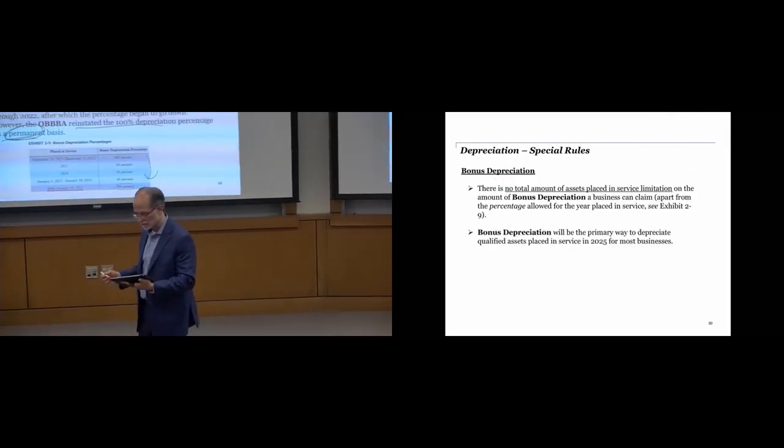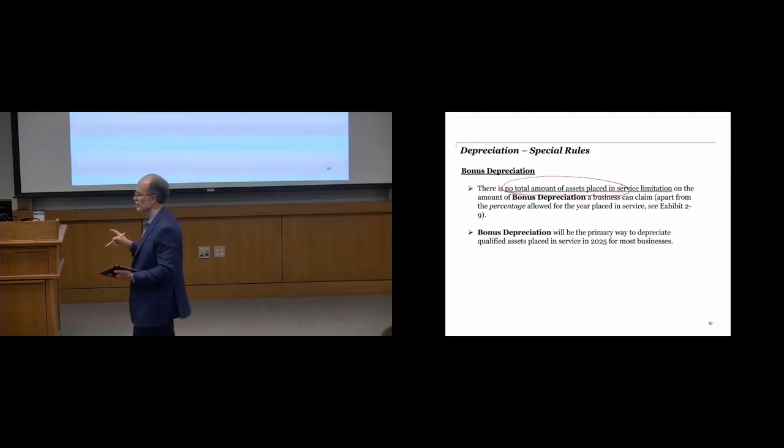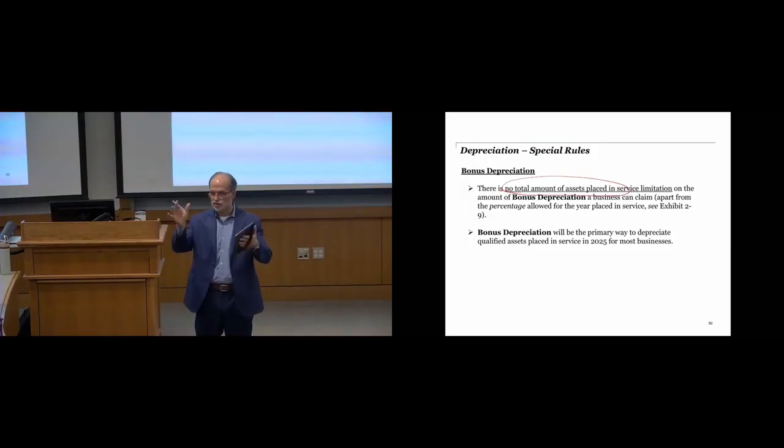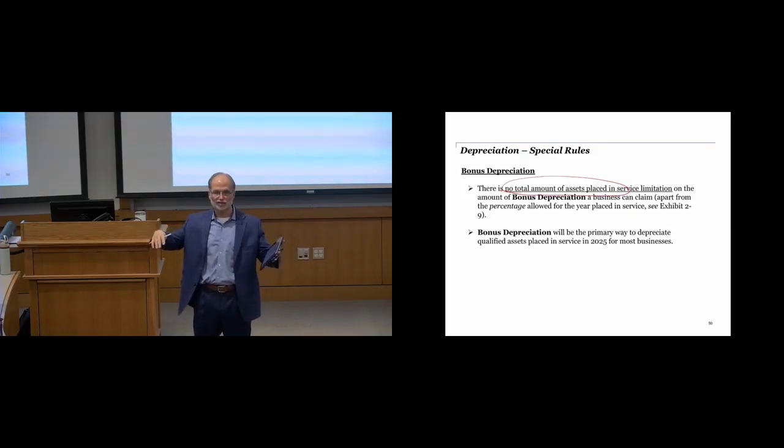Okay. So the key for bonus depreciation is there is no total amount of assets placed in service limitation. That example we just went through does not exist in bonus depreciation. It's a separate regime. It's not as old as Section 179 expensing, but it is a standalone law. Again, we don't ever tear things up and start from a fresh sheet of paper.